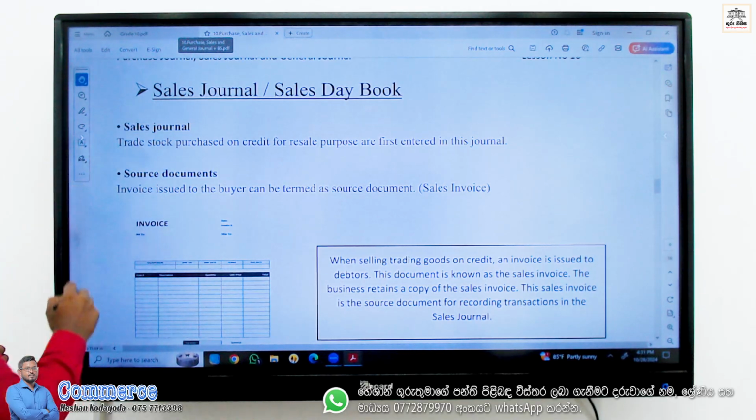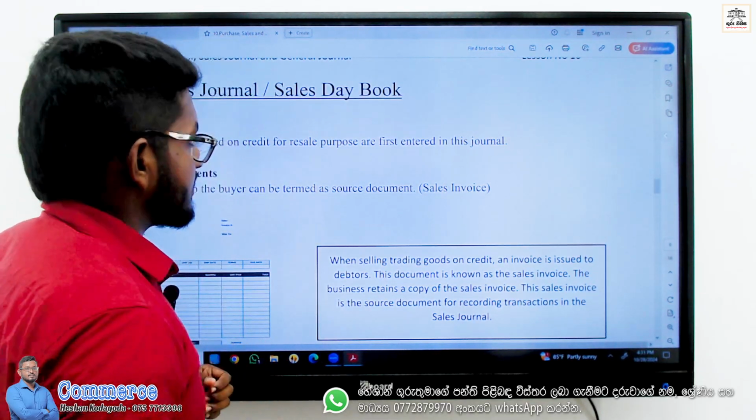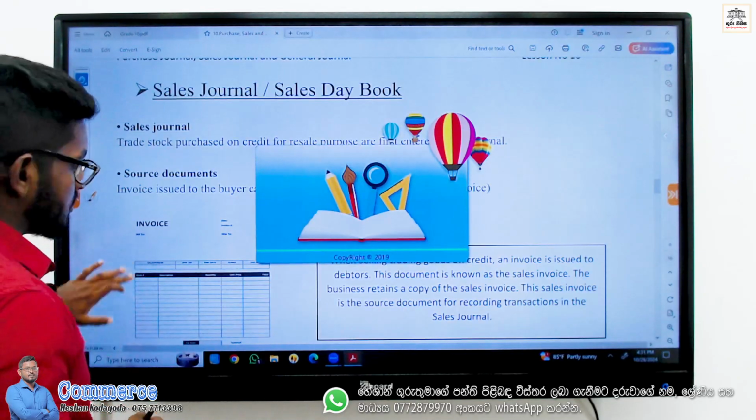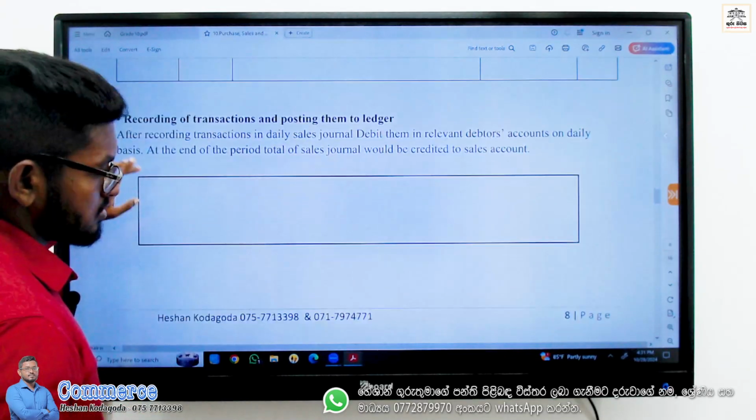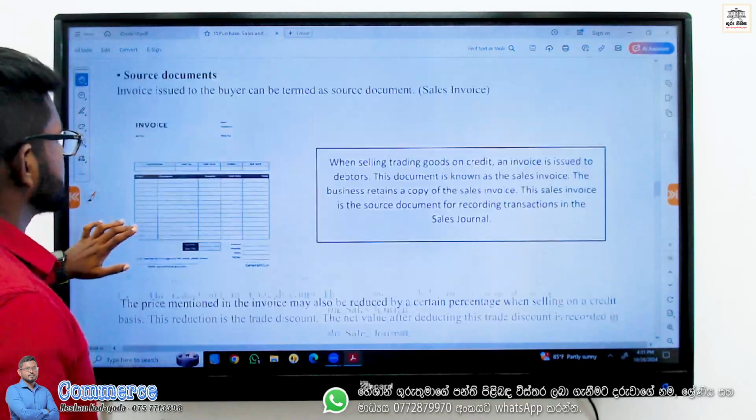Make the correction in your tute, children. Please correct this. Tute page number 8.